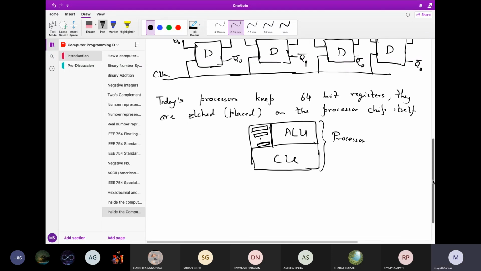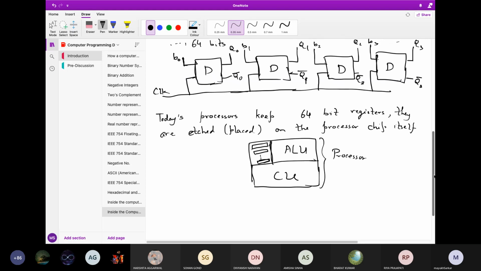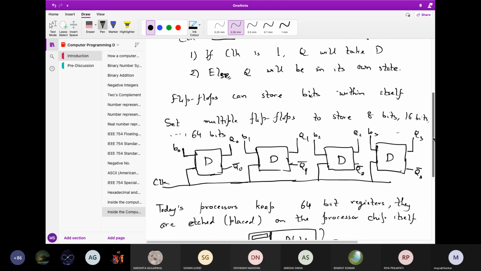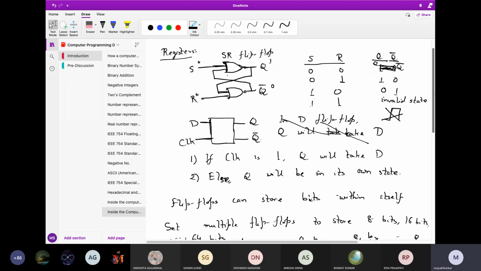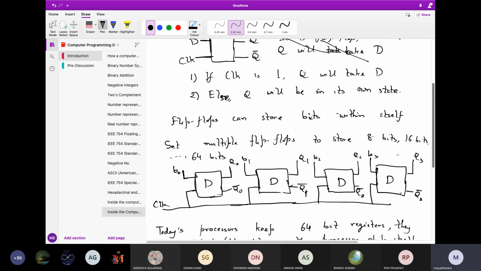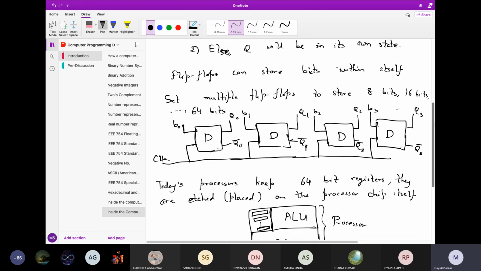Do any of you have any questions till now? If you found it difficult to understand, don't worry. Rather, focus on the core part, that these registers can hold data. I just discussed this for the sake of completion, that it is possible in digital circuits, nothing more than that.